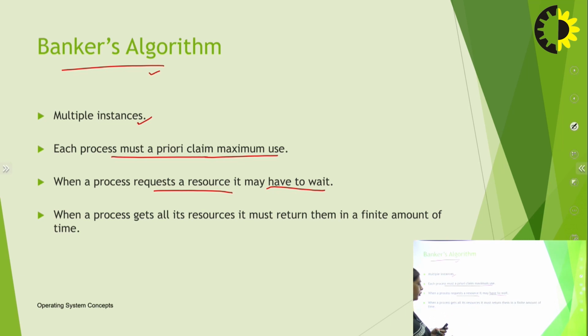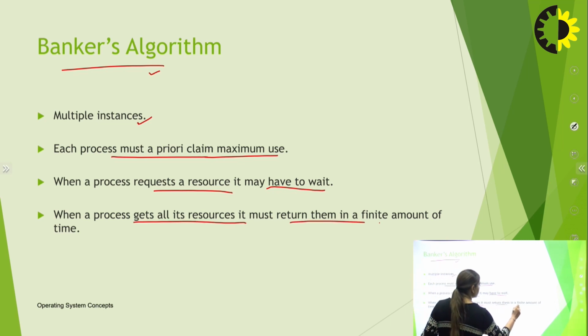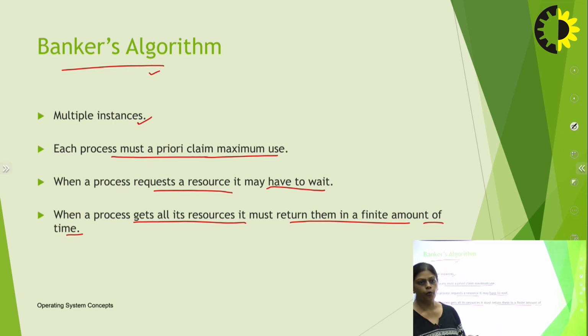When a process gets all its resources, it must return them in a finite amount of time. When it is completed, it will return all the resources it was holding earlier, right?